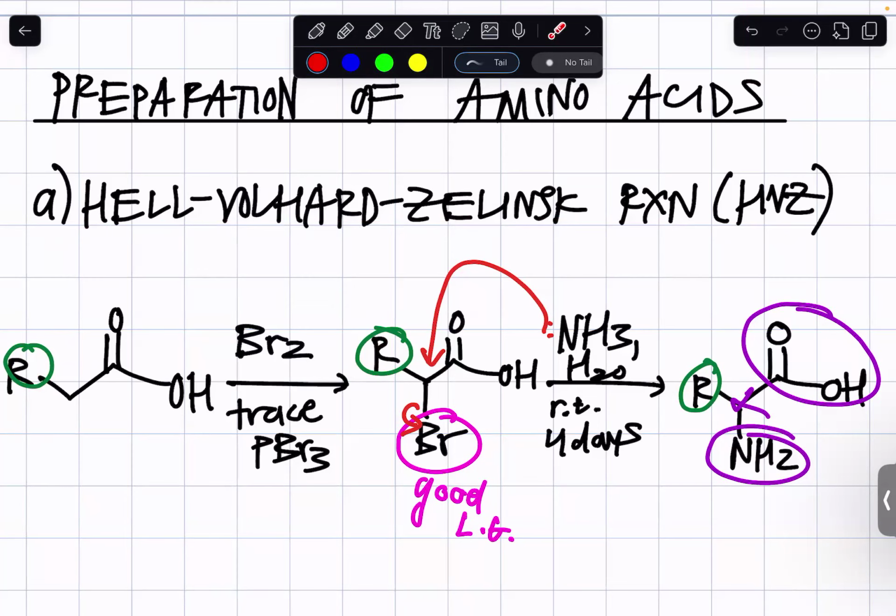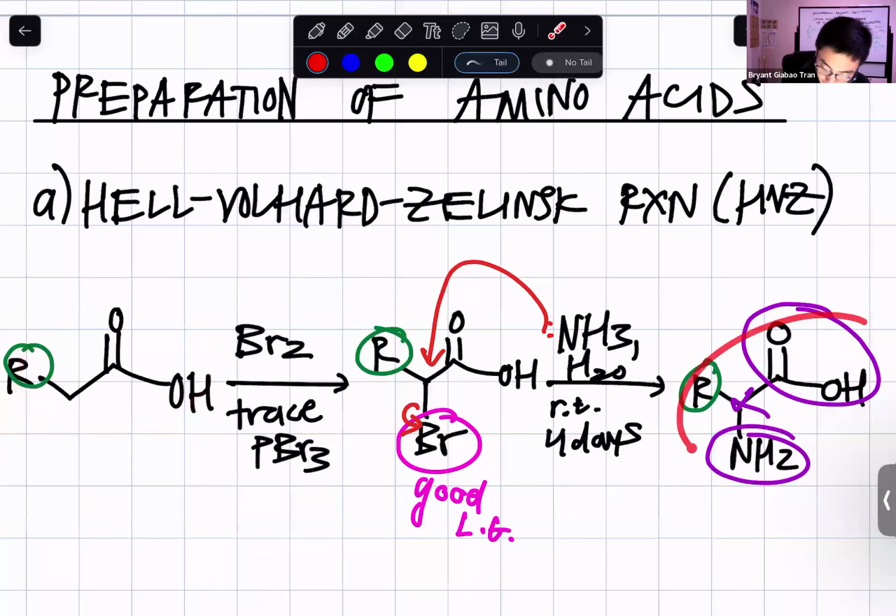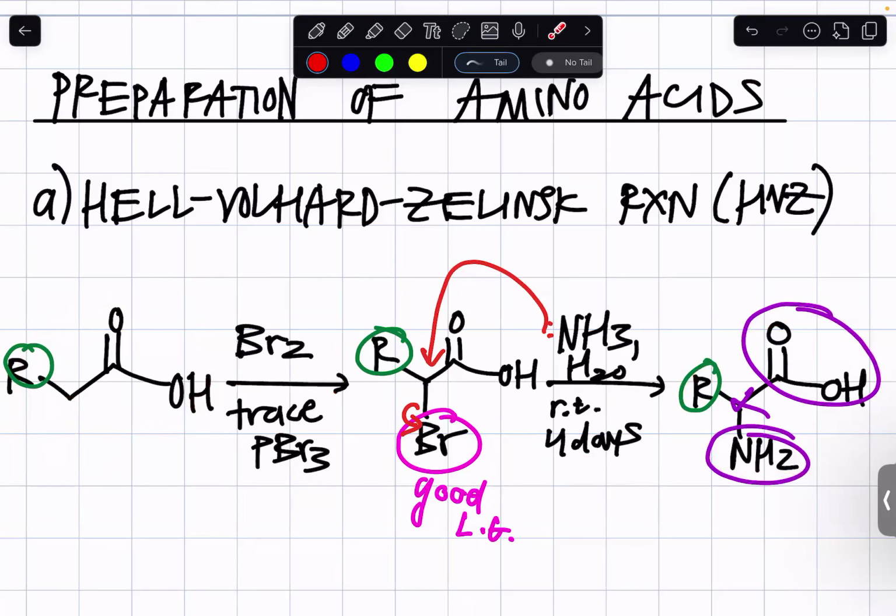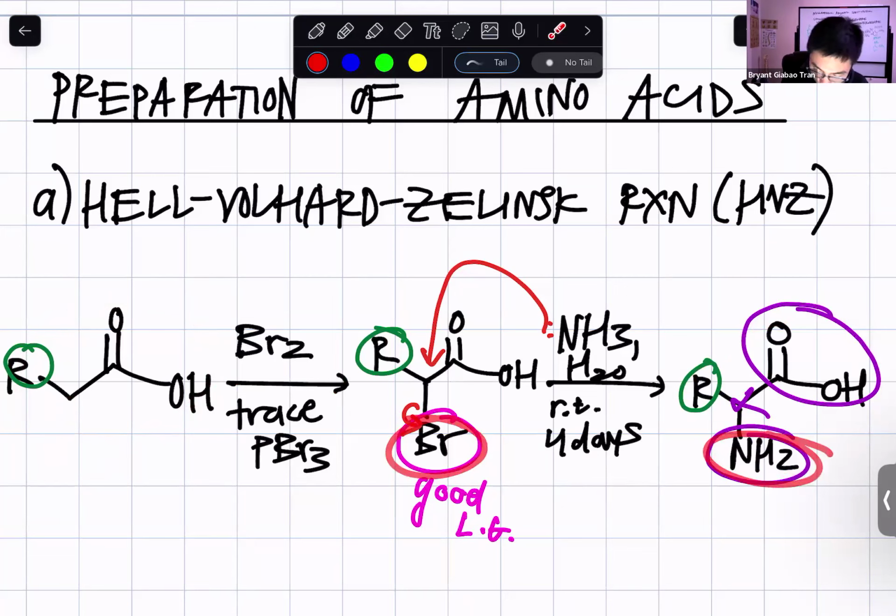Think of the HVZ reaction as converting a carboxylic acid into an amino acid by adding an amino group alpha to it. To do that, we first put a good leaving group there, bromine, and then do SN2 to substitute that bromine with the amino group, which gives us our amino acid.